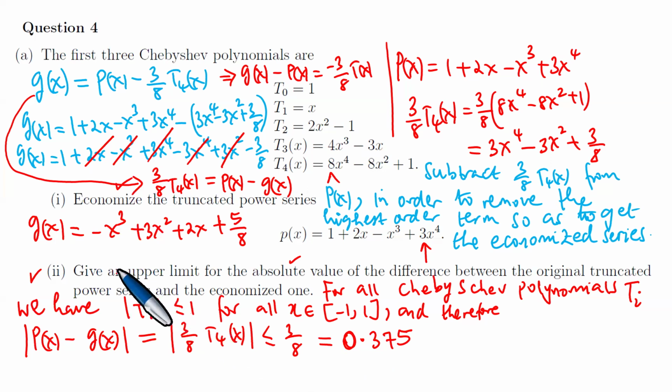So obviously the question was in the second Roman figure. Give an upper limit for the absolute value of the difference between the original truncated power series, which is P of x, and the economized one.